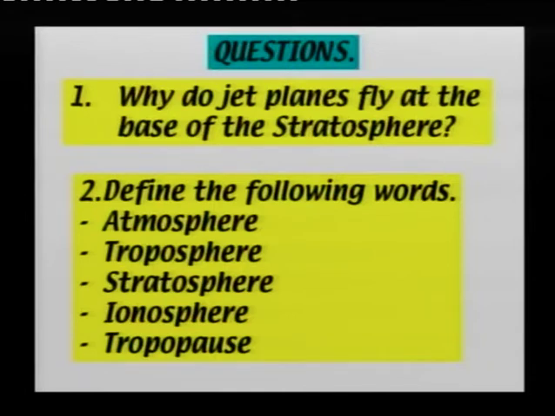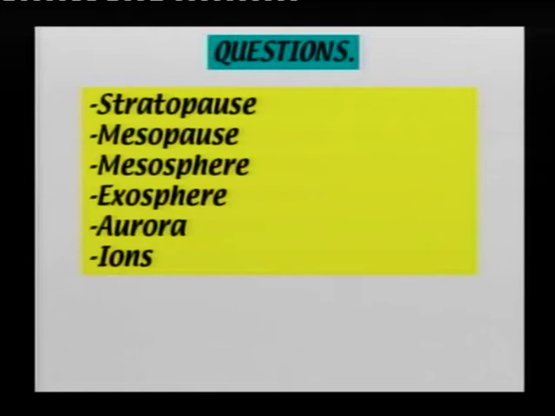The words are: define atmosphere, troposphere, stratosphere, ionosphere, tropopause, stratopause, mesopause, mesosphere, exosphere, aurora, and ions.